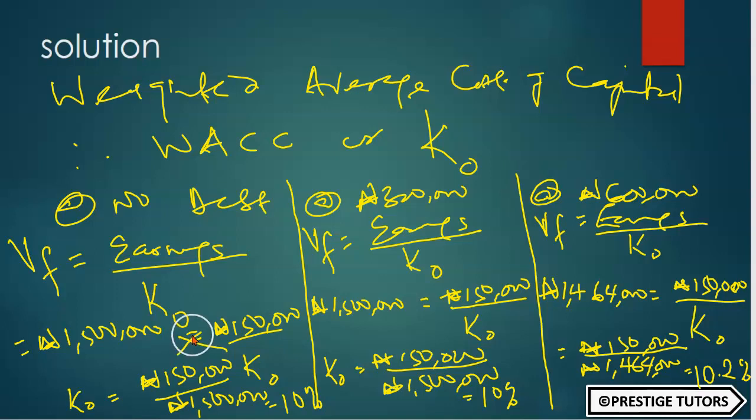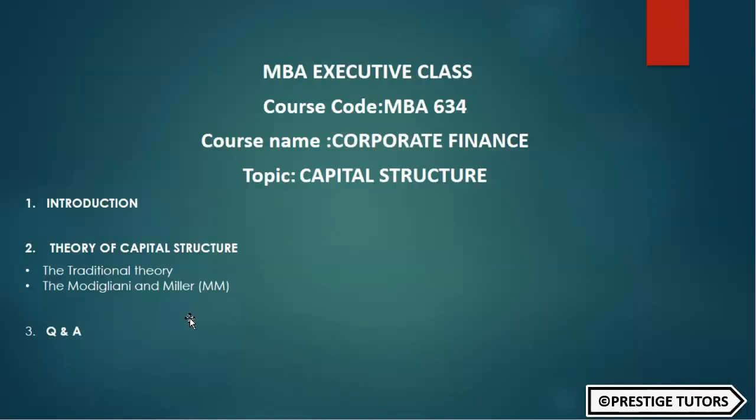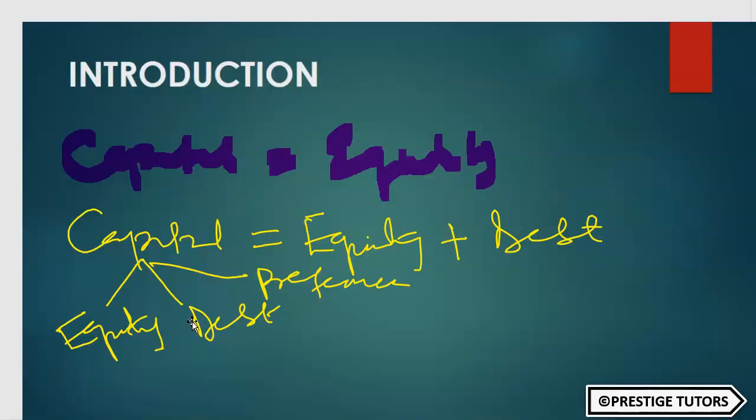This is where we are going to draw the curtain tonight, and don't forget what we have learnt. Don't forget where we started from. We started from what capital structure is all about. Then we went to the theory of capital structure for us to now solve examples. Debt and equity. The more debt you take, is it the better for the organization? The more equity you allow, is it the better for the organization?